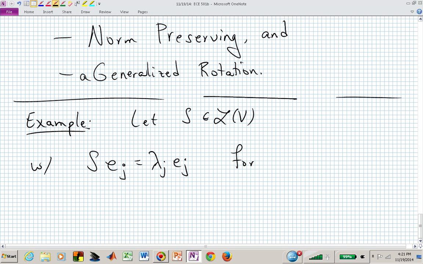So we're using the same notation that we've always used for an orthonormal basis. So this relationship of this operator S is such that we can have S e sub j equal to lambda sub j e sub j for some orthonormal basis E1, E2, E sub n on our inner product space V.